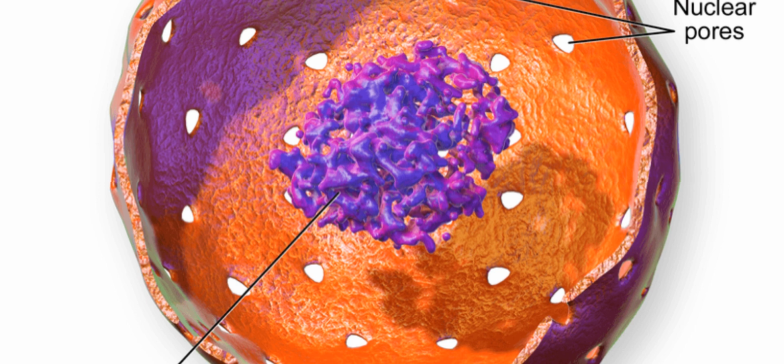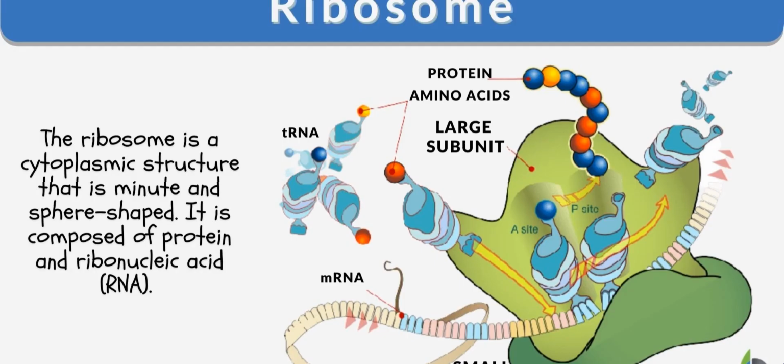The nucleus contains the nucleolus. It forms ribosomal RNA or ribosomes. The newly made ribosomes are transported out of the nucleus through the nuclear pores, into the cytoplasm, where they can do their job. Now, what are ribosomes?